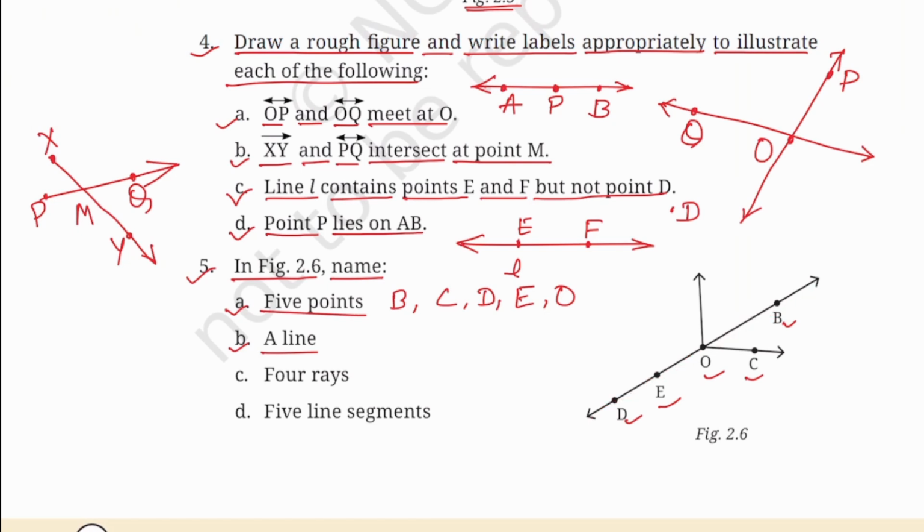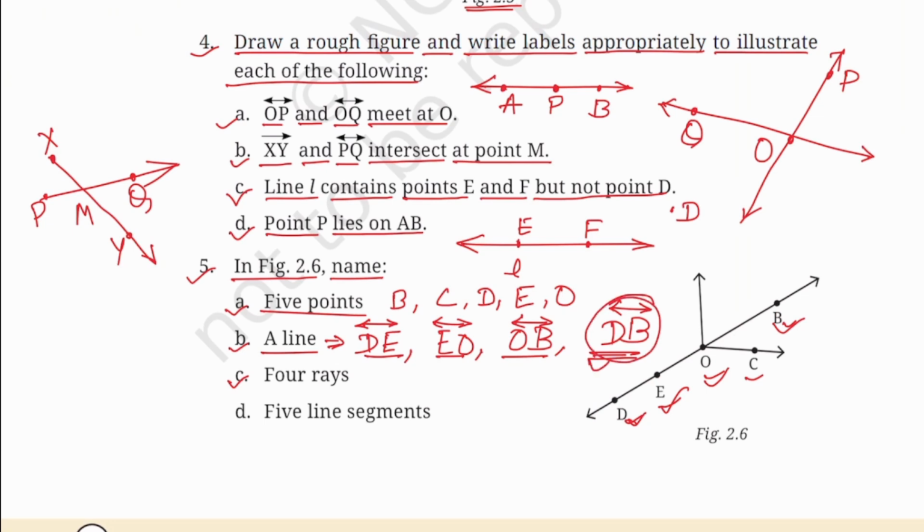It has 4 points, that is D, E, O and B. You can write that line as line DE or line EO or OB, or you can write it as DB. You have to write only one of these.